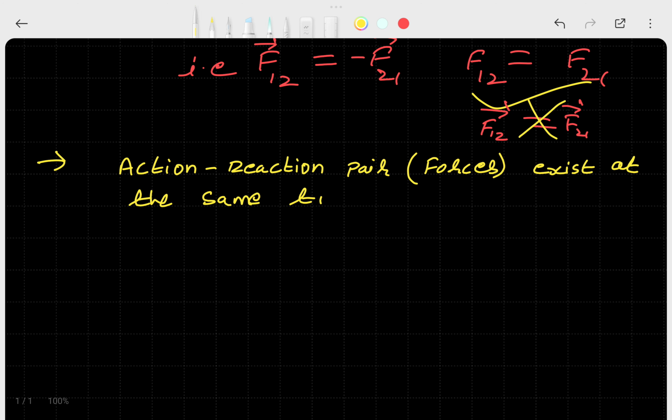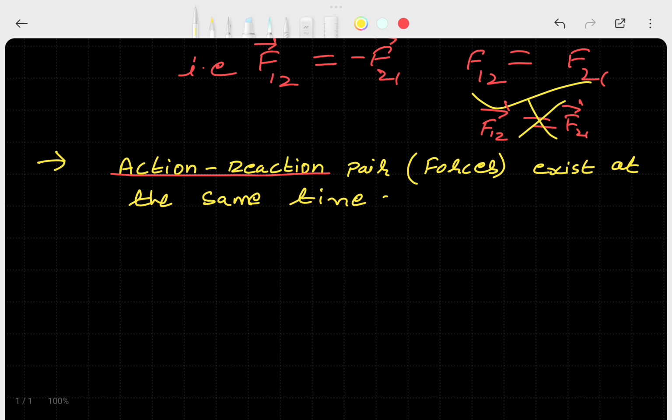It is not action first and then reaction; it is the same time. You can even say reaction first and then action. Seeing the words action and reaction, you will get confused, thinking action takes place and then reaction, but both events are simultaneous, happening at the same time.